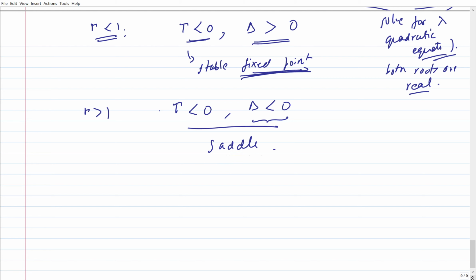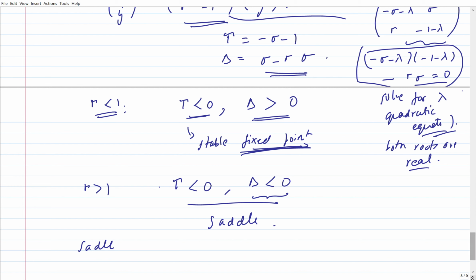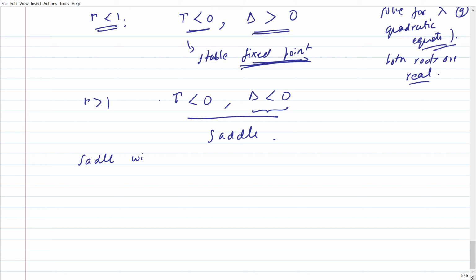So the point at the origin changes its stability as r goes from below 1 to above 1. So I can say saddle with two directions coming in and one direction outward.